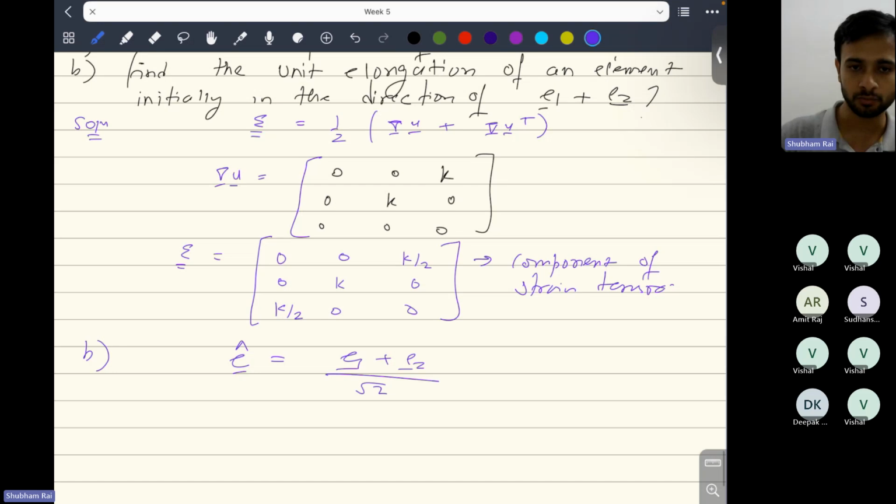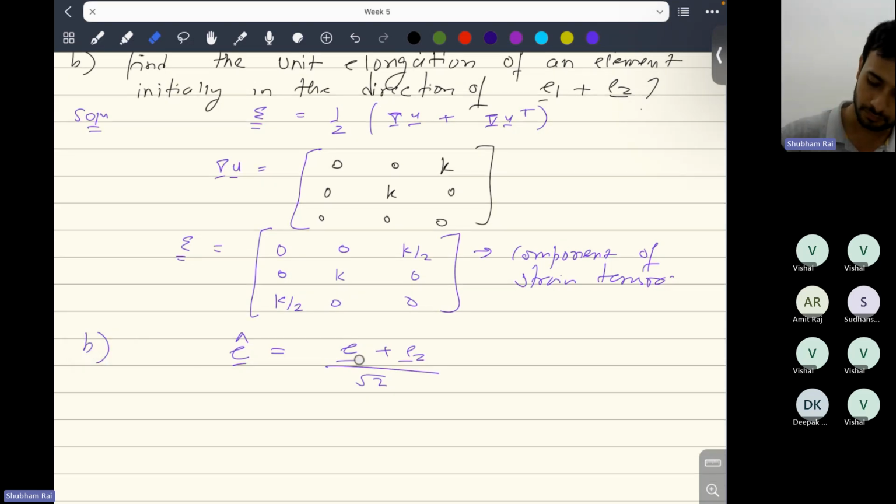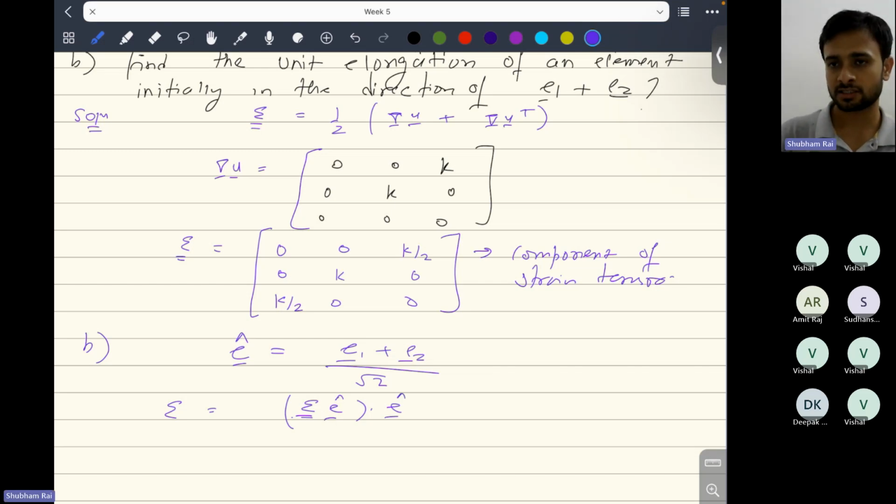This is a unit vector now, right? Since you need to find the longitudinal strain, that is given by epsilon, which is nothing but the strain tensor times this direction, dotted with this direction itself, right? Because it was the strain tensor times n, dot n.